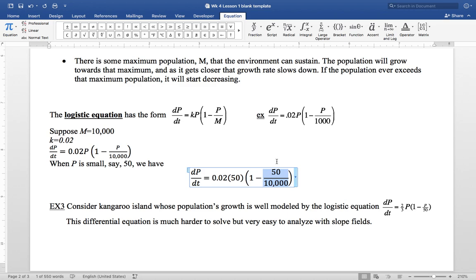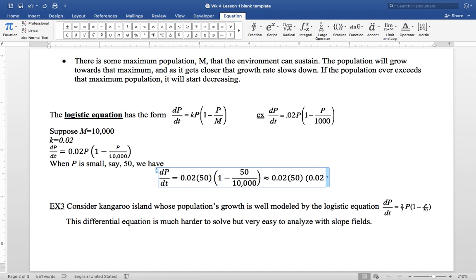In fact, it's so small that we can practically ignore it. So this is approximately equal to 0.02 times 50, because if this term is ignored, then the whole term in parentheses is really just 1, and this entire expression is really equal to just this first part. So when P is small, the growth rate is approximately 0.02 times 50, and that's 0.02P.